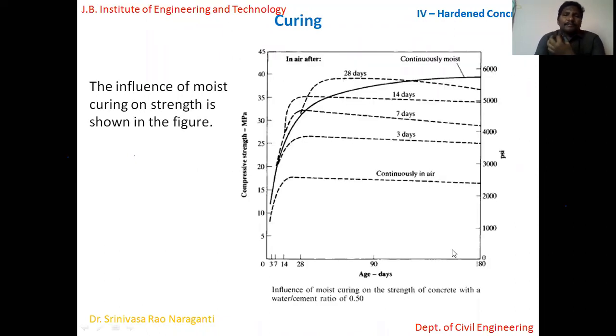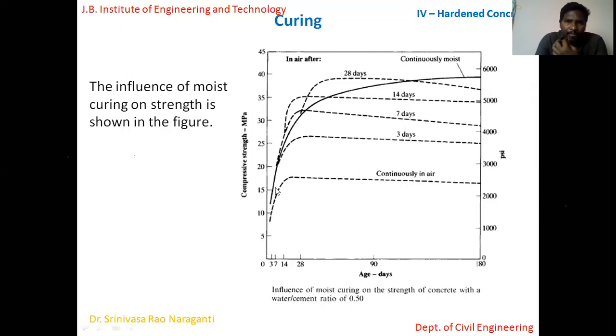If you look at the diagram here, we have age on the x-axis, which means the number of days after casting the concrete. Then I have compressive strength on the y-axis. We have 3 days, 7 days, 14 days, 28 days, 90 and 180 days.